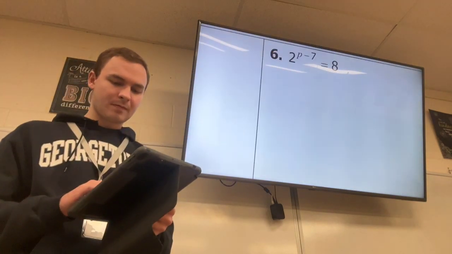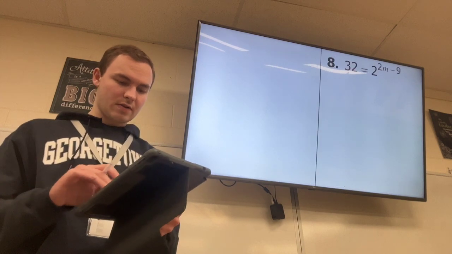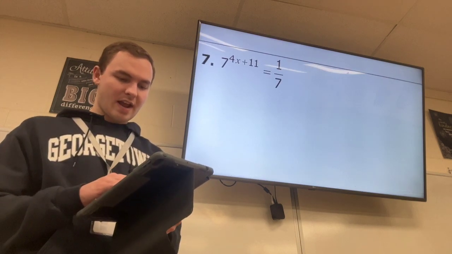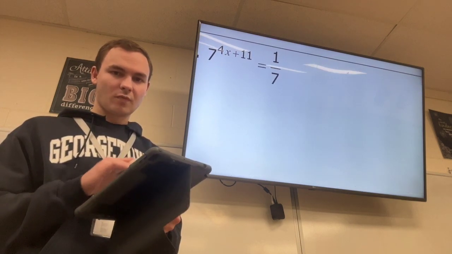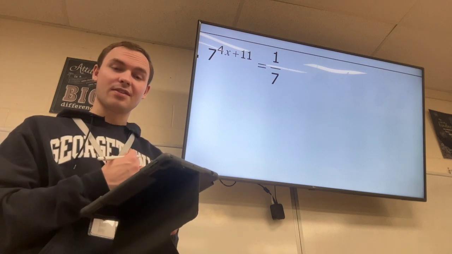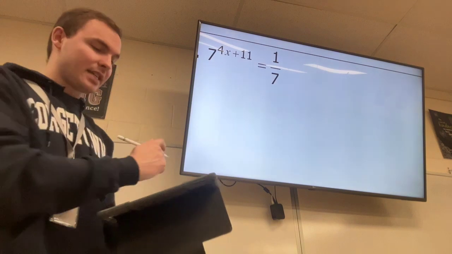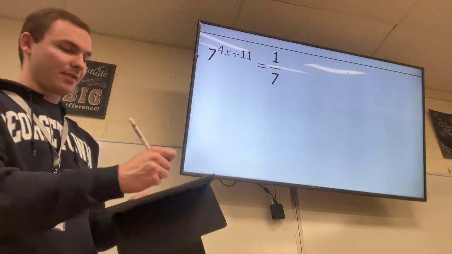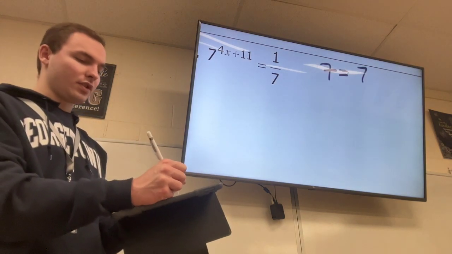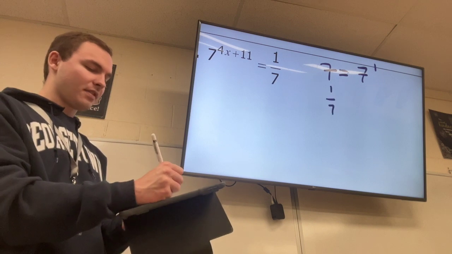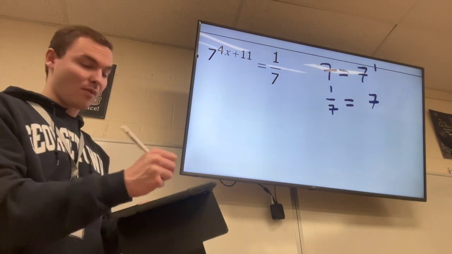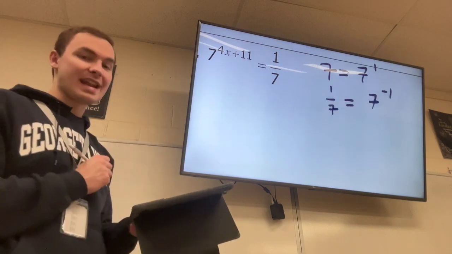Let me do another one. Some of these can get a little harder. Fractions: 7 and 1/7. It might not seem like it at first, but my bases here are both powers of 7. 7 equals 7 to the 1, and 1/7 equals 7 to the negative 1. Don't forget negative exponents.